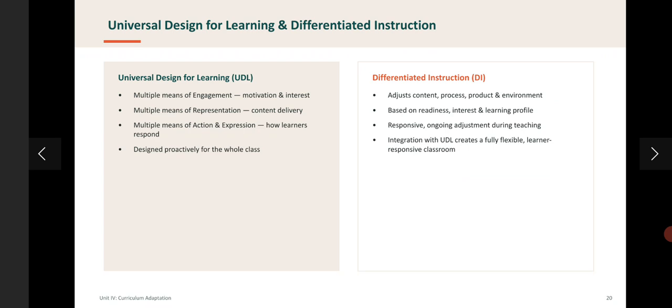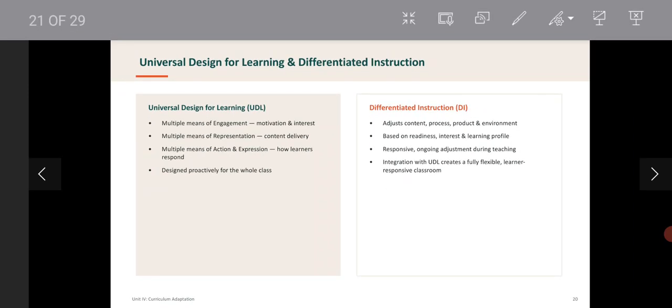Now, differentiated instruction, DI. This UDL we have seen; DI, differentiated instruction, is another approach to teaching that is intended to meet the learning needs of children with diverse abilities. It helps to plan and deliver instruction based on the different strengths and weaknesses of the children in your classroom.